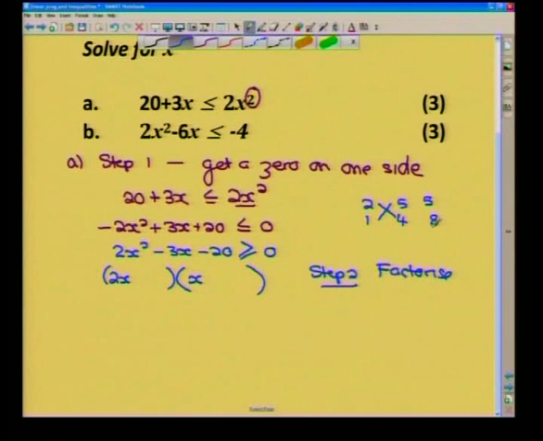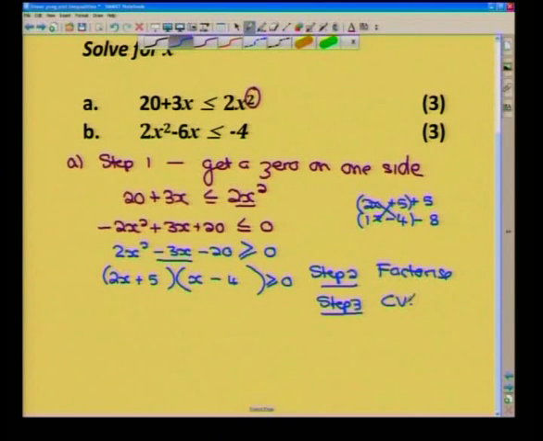If I subtract these, if that's a minus and that's a plus, I will get minus 3. So that looks good to me. So that'll be the minus, and that'll be the plus. We'll put the x's in here. That's a pair, and that's a pair. So we have 2x plus 5, x minus 4, greater than or equal to 0. Right, so now what's the next step? Step 3 is let's find our critical values.